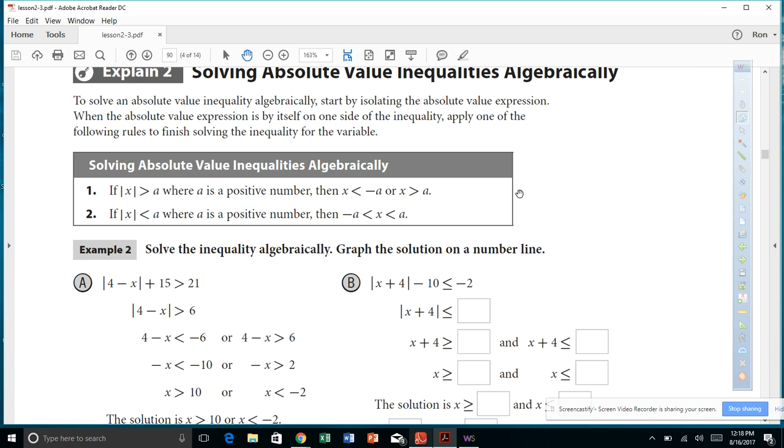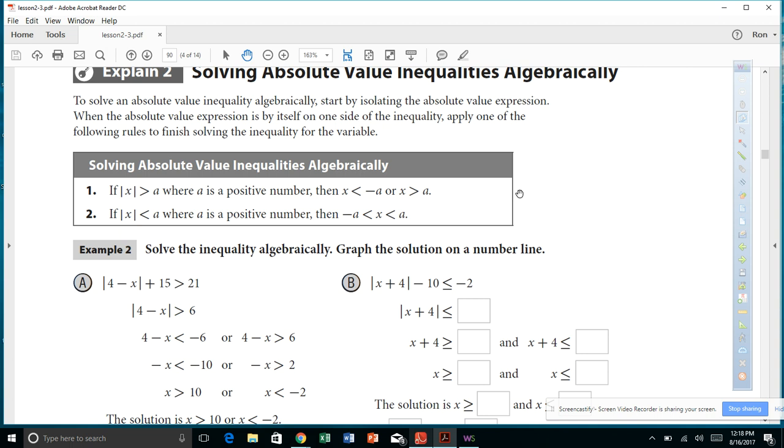Number one, if the absolute value of x is greater than a, where a is a positive number, then x is less than -a, or x is greater than a. Rule number two, if the absolute value of x is less than a, where a is a positive number, then -a is less than x is less than a.